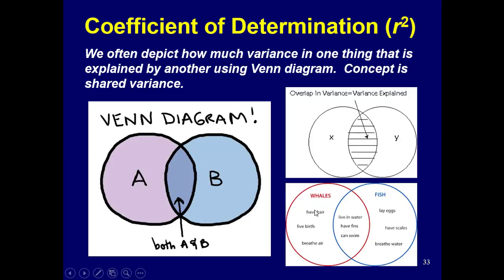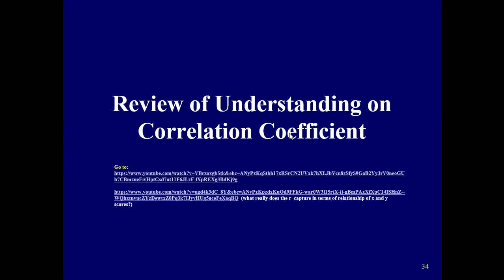For example, both fish and whales live in water. Both fish and whales have fins and can swim. So this is what we call the shared variance. This is the explained or overlap variance, and it indicates the percentage of variance in one variable that can be explained by the other. And that's the way we want to think of this concept of the coefficient of determination.